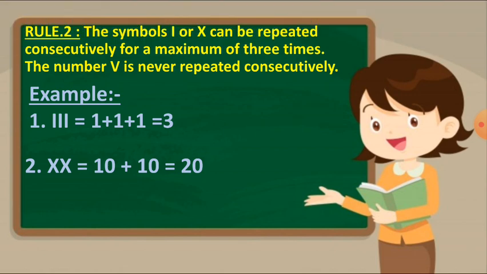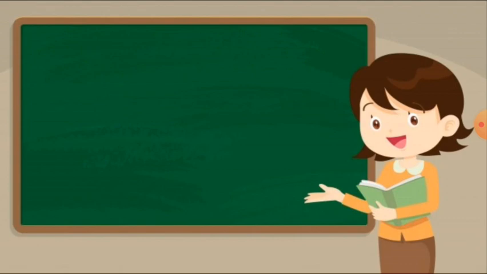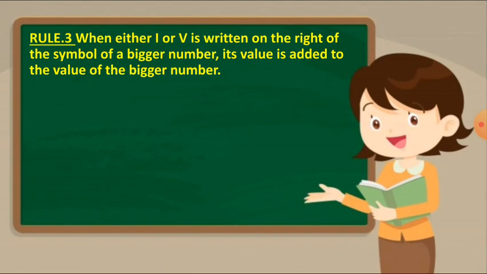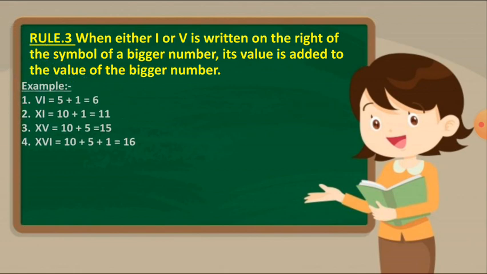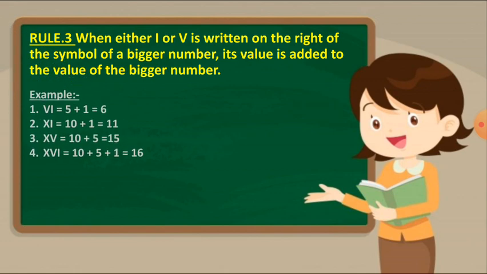Now the next line you will be writing the third rule. When either I or V is written on the right of the symbol of a bigger number, its value is added to the value of the bigger number. Next line you will be writing the examples, one below the other.